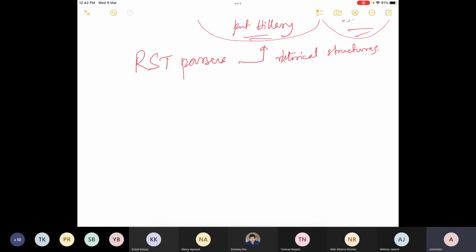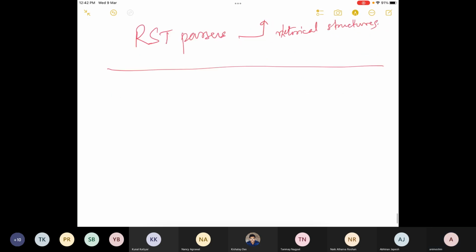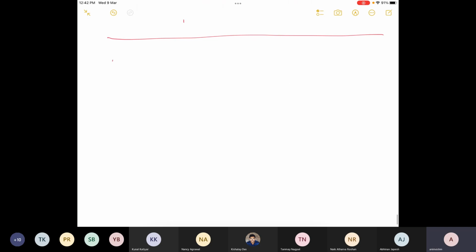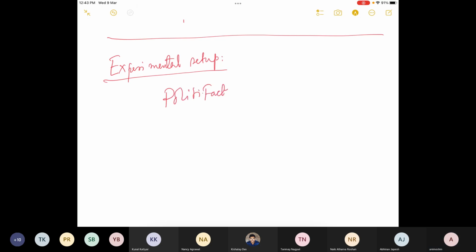Now we come to the... So now this is all about the features that the authors built. Now we come to the experimental setup. So the authors used two different data sets.